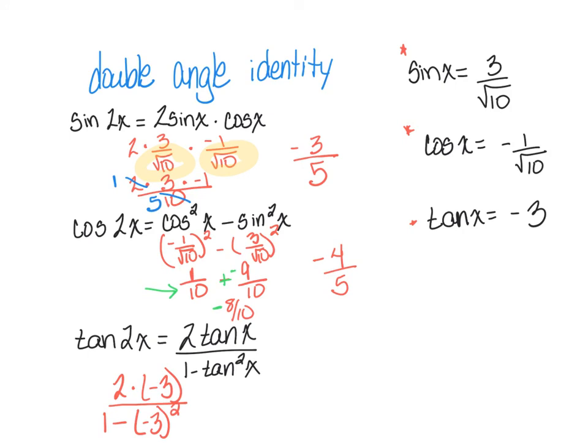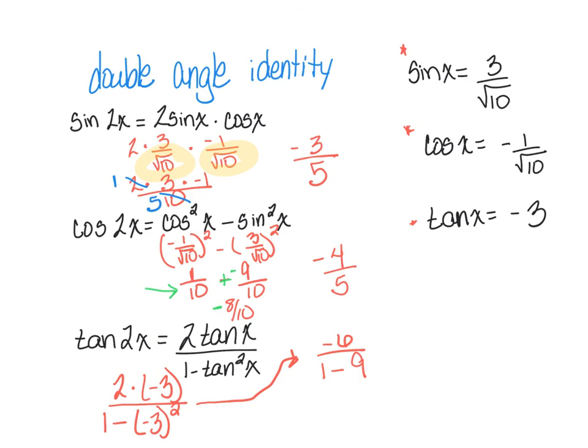Now I'm just going to draw a little arrow right here because I'm running out of room. 2 times negative 3 is negative 6. Then I've got 1 minus negative 3 squared. So that becomes 1 minus 9. And I want to talk about some rules right there in just a second.